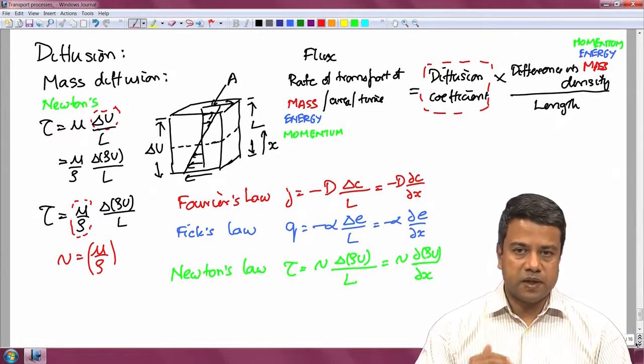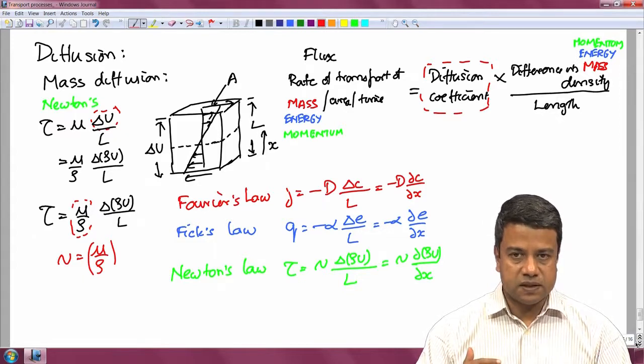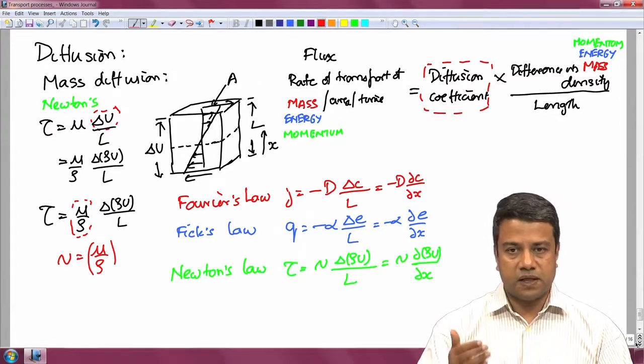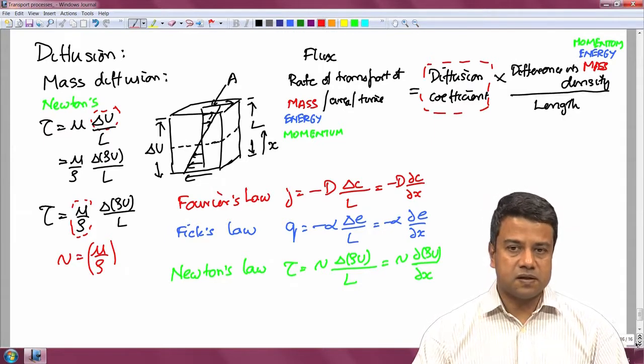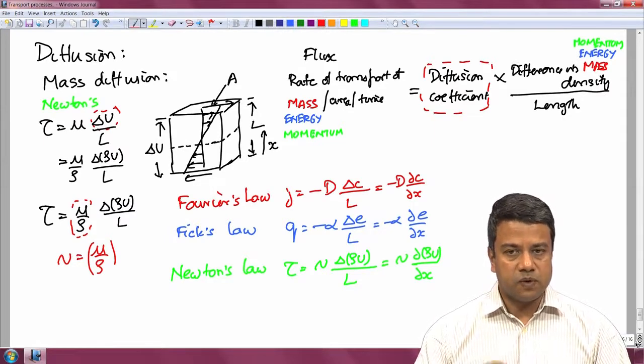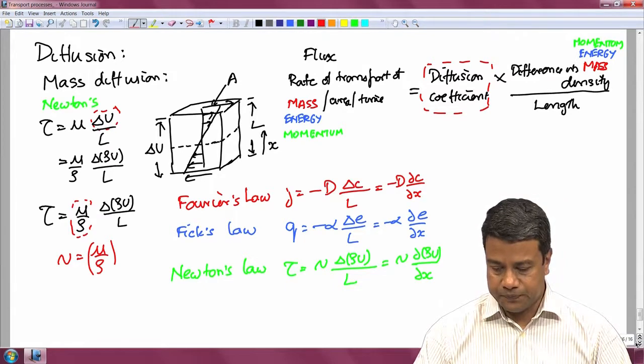The same thing holds for momentum. If there is a net flow tangential to the surface, molecules going above will have a different momentum than those going down. So, diffusive transport basically depends upon the difference in concentration across the surface, or more particularly the gradient in the concentration, the variation in concentration with respect to length across the surface.